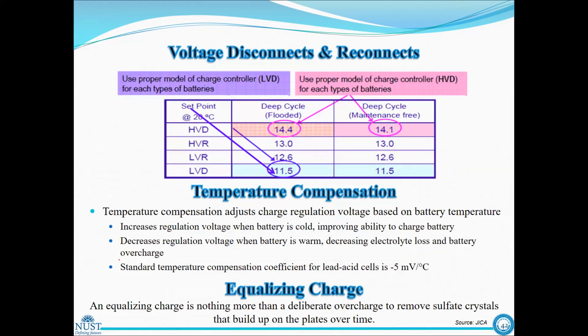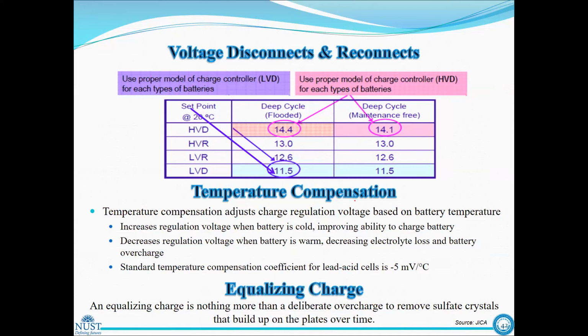But when we select the controllers, we should also consider the following. For example, types of the batteries. If we are using flooded batteries or maintenance-free deep cycle batteries, these values can be different. So if we know the battery type, then we can finally select a suitable controller for that battery charging. Again, we should also consider temperature compensation.